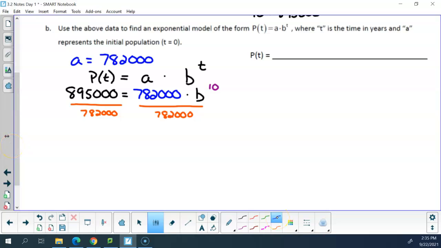That's going to give me that. Now what? Take tenth roots of both sides. Yep.